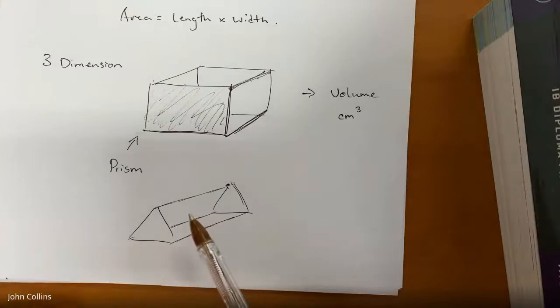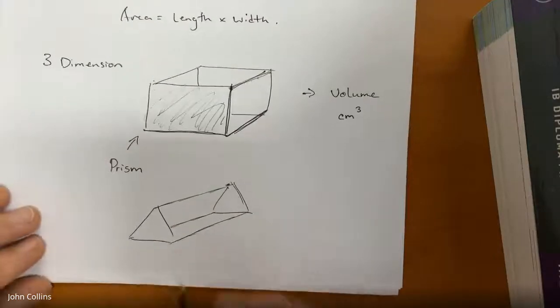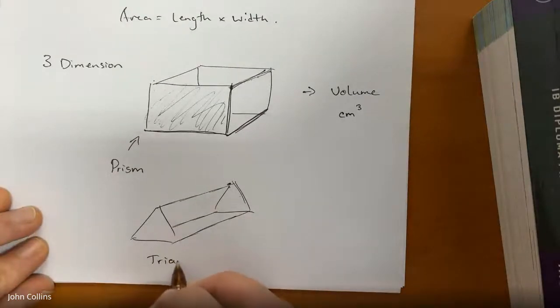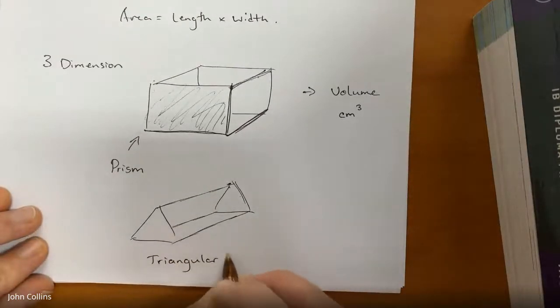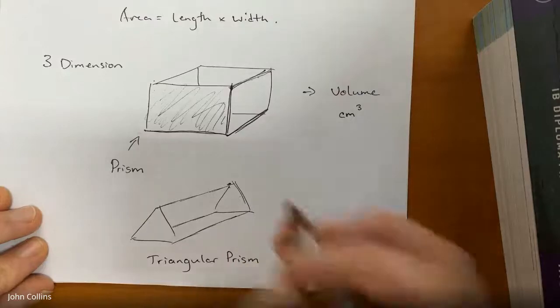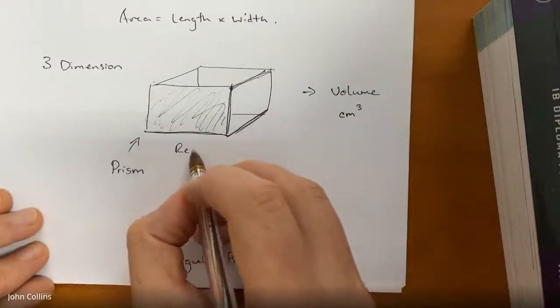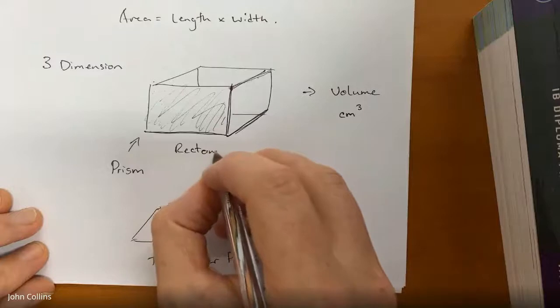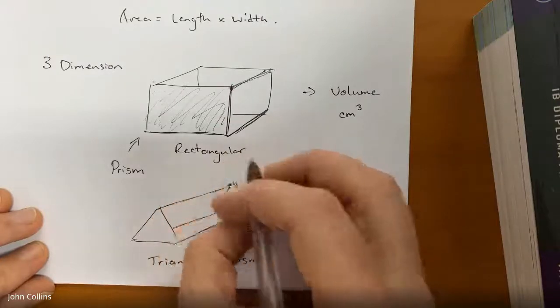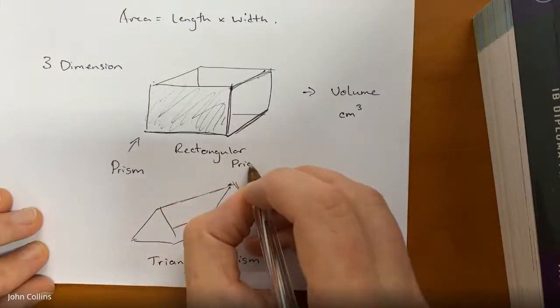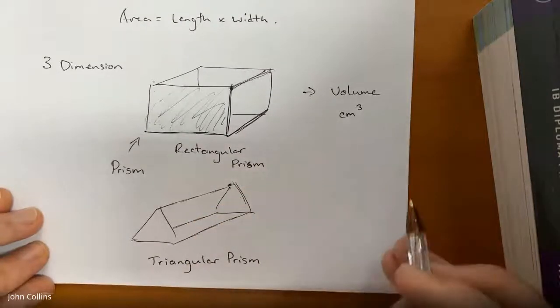Not the Toblerone itself, because that has dips in it. But the wrapper of the Toblerone, you could slice it at any point and it would still make a triangle. So what we have down here is called a triangular prism. And this is a rectangular prism. And both would have volumes.